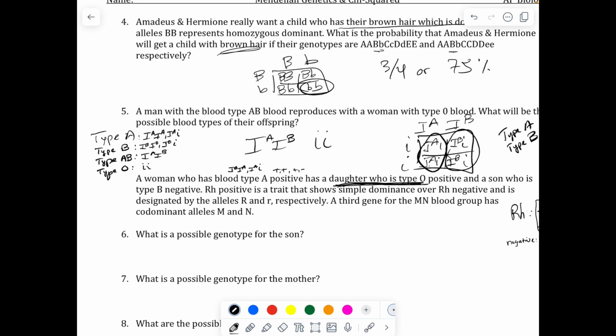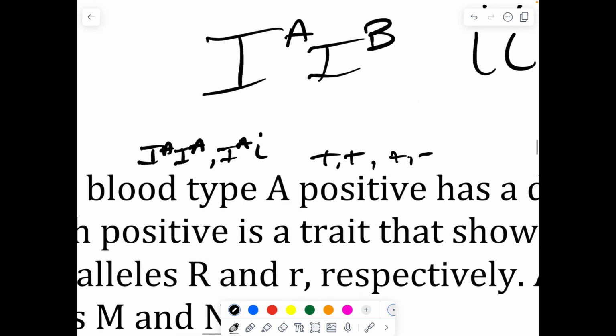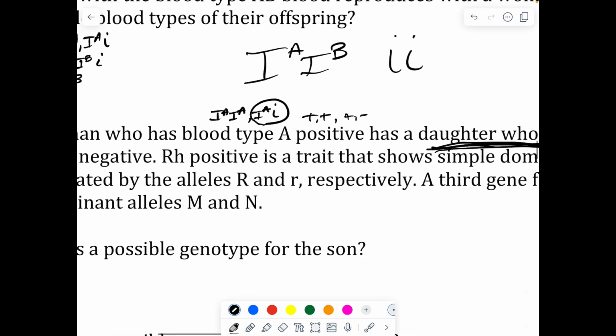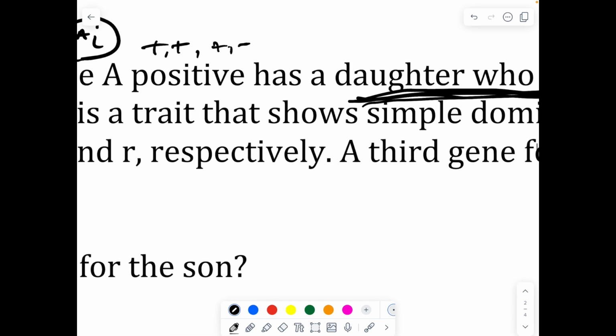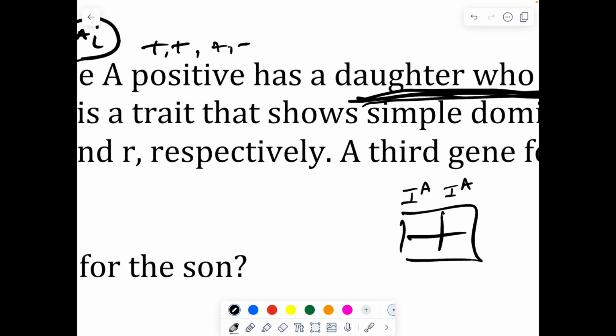If she has a daughter who is type O, she has to be heterozygous. And I'm jumping ahead, but I'll give you a reason why. Let's say she was homozygous for A, and even if the father was O, all of her children would be A because O is recessive.